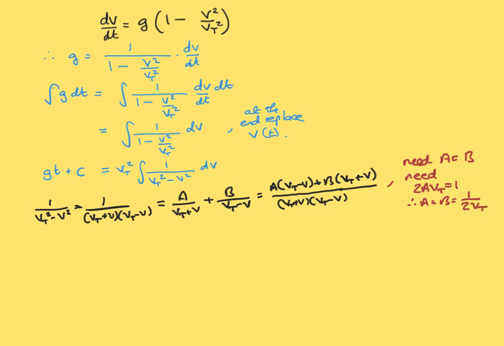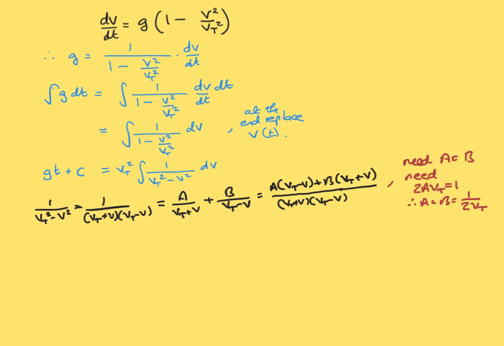So we've performed a simple partial fraction expansion, and we know what a and b are. They are both plus 1 over 2 vt. So we can take this and substitute it back into our integral as the integrand, and now we're going to have two integrals which we can calculate.